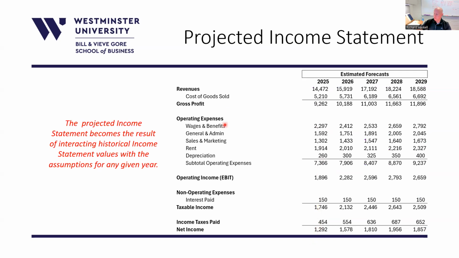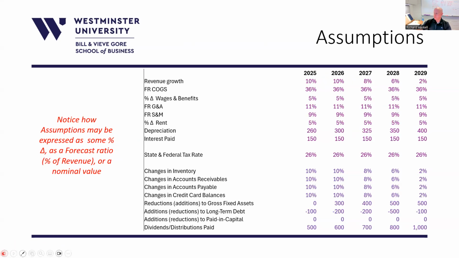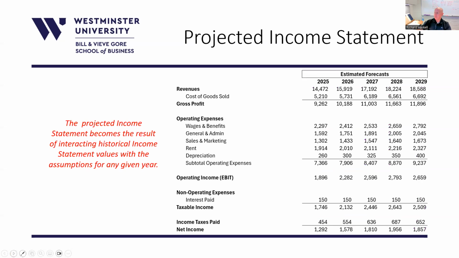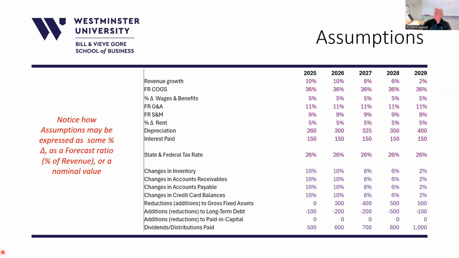But to find the wages and benefits, the cost of goods sold, the revenues, sales and marketing, interest paid, all of those required that I apply the dynamics of change or the nominal values or whatever I had on my assumptions table that covered that item. So every line on the income statement is covered by a line of assumptions.